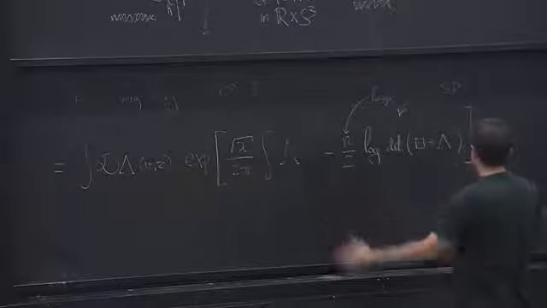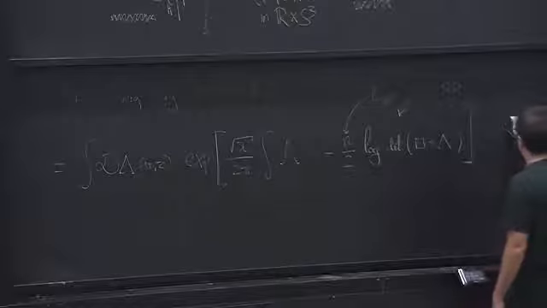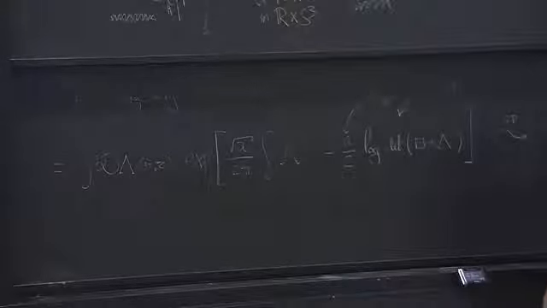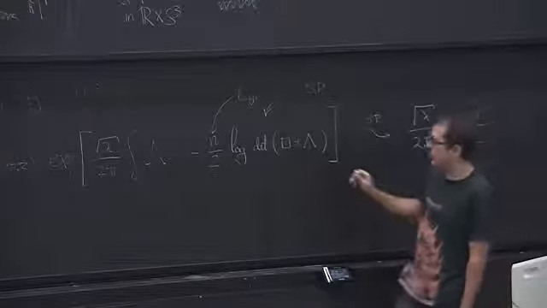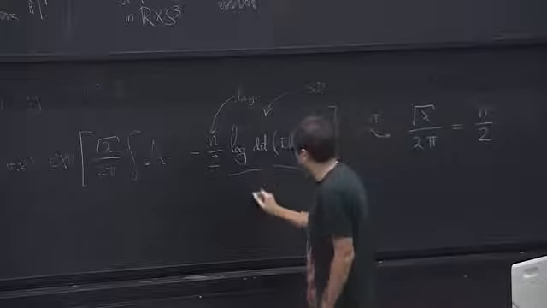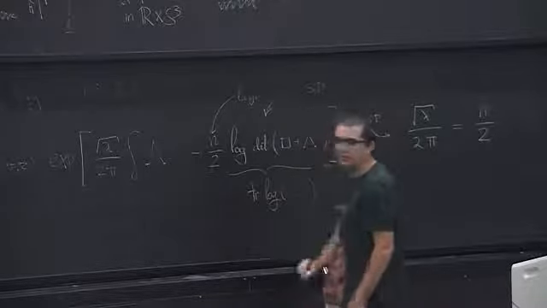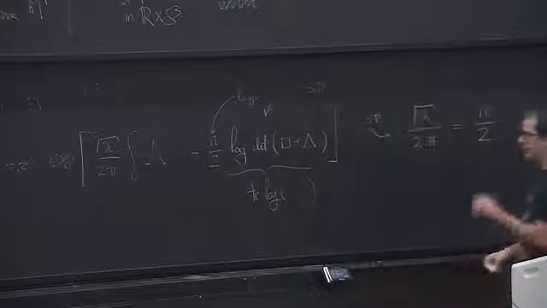We do variation with respect to lambda. And the saddle point equation we get is: variation of the first term just gives square root lambda over 2 pi, and this is equal to n over 2 times variation of log det, which is, of course, trace log. These are known identities: log det is trace log.